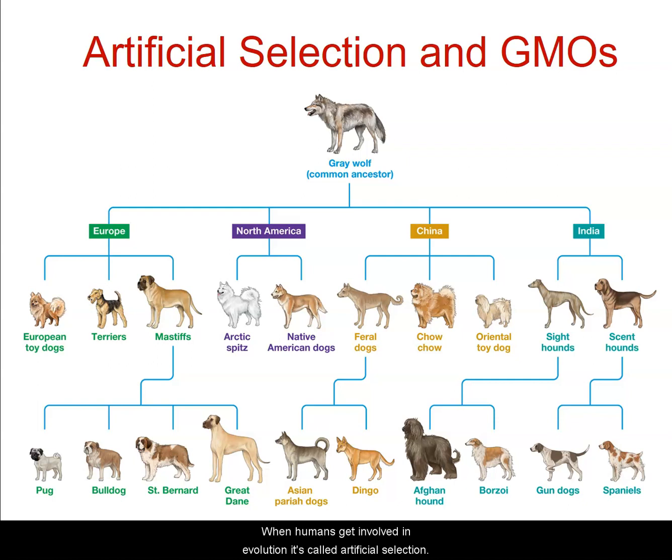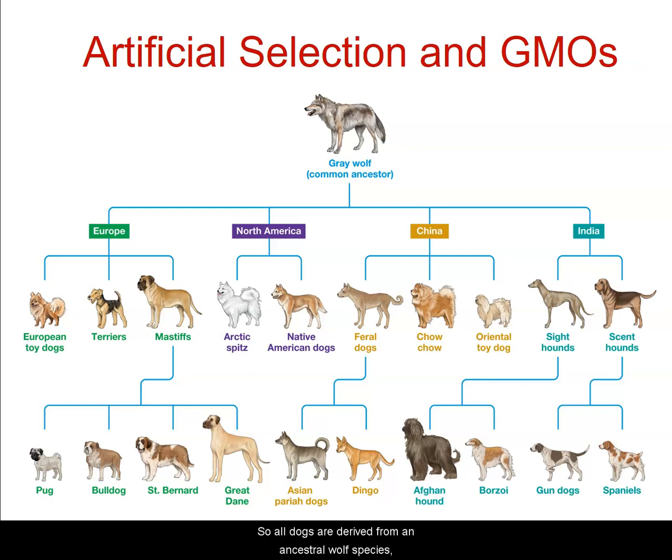When humans get involved in evolution, it's called artificial selection. Humans are notorious for taking plants, animals, and other organisms and domesticating them. Domestication is a form of evolution because it changes the populations of certain organisms.